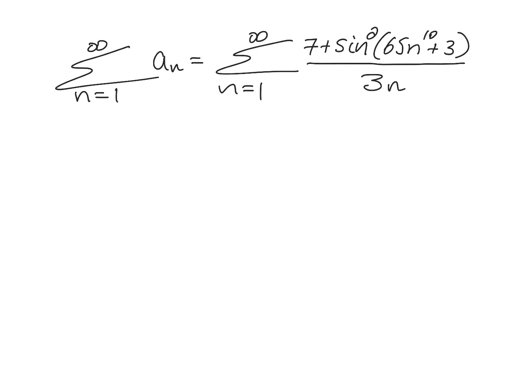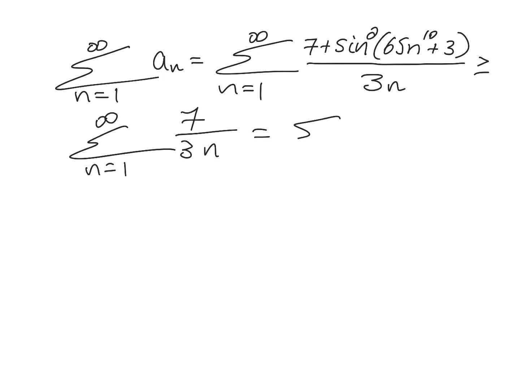We know that this series is greater than or equal to the summation from 1 to infinity 7 over 3n, which is the b sub n series.